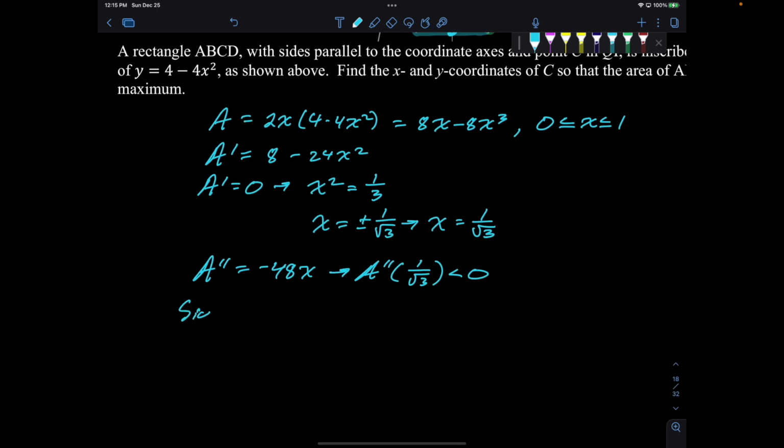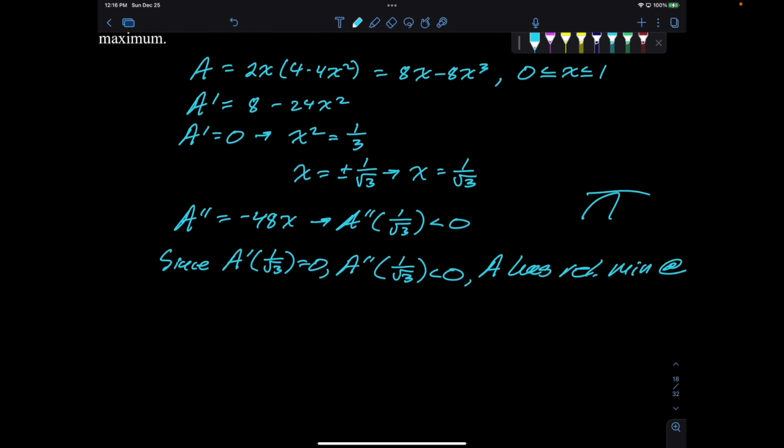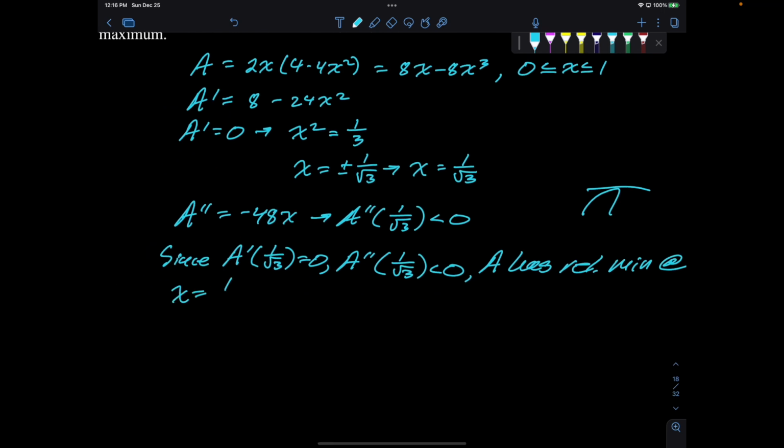So since A prime of 1 over root 3 equals 0, and A double prime of 1 over root 3 is less than 0, A has a relative, so concave down like that, relative minimum at x equals 1 over root 3.